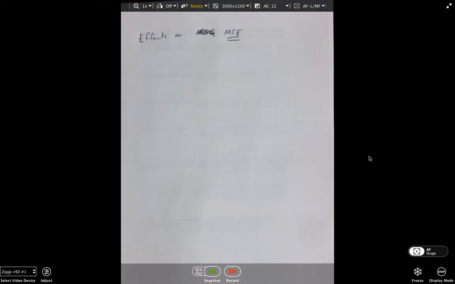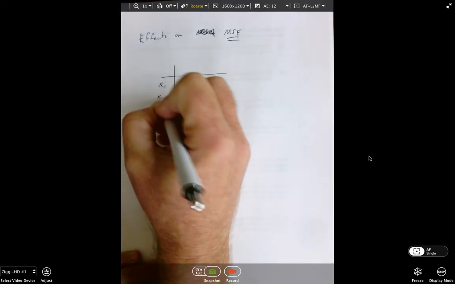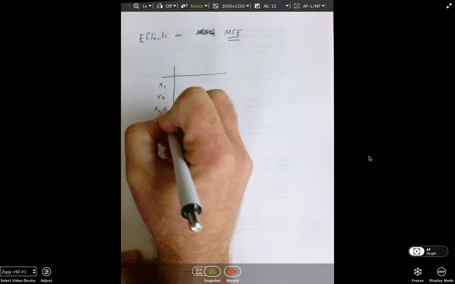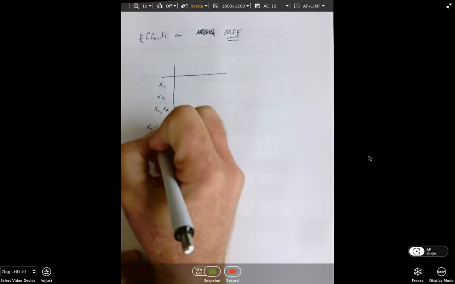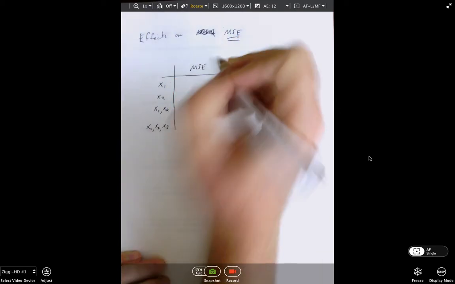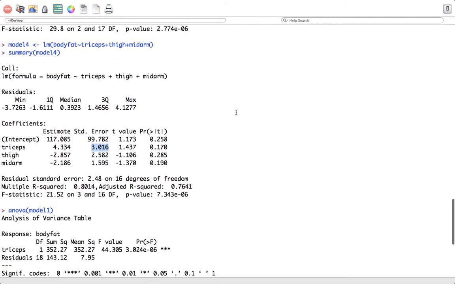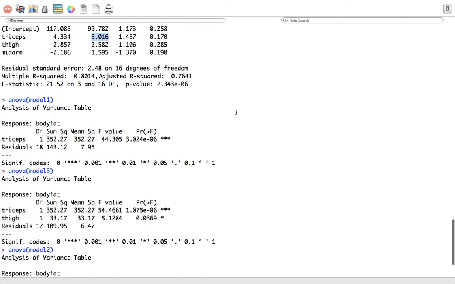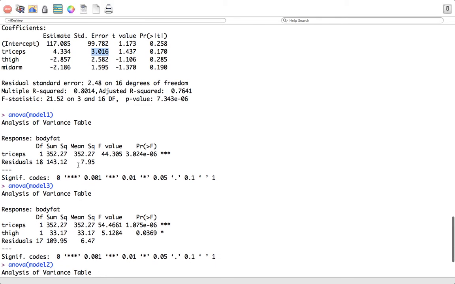So if we look at the effect on the mean square error in our ANOVA under the different conditions, what are we going to get here? Well, I think we pulled up the ANOVA of model 1 somewhere. Yeah. So the mean square error was 7.95.